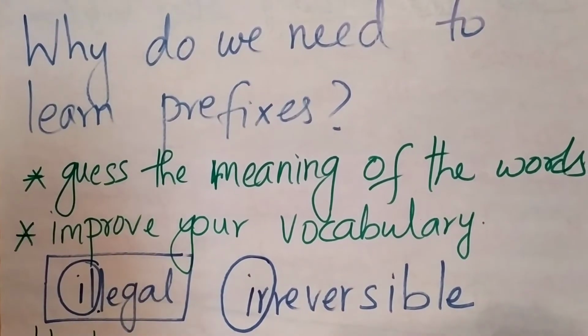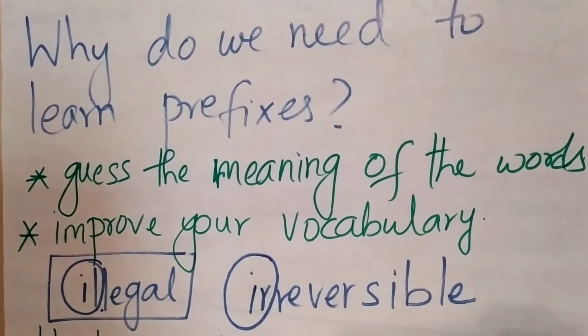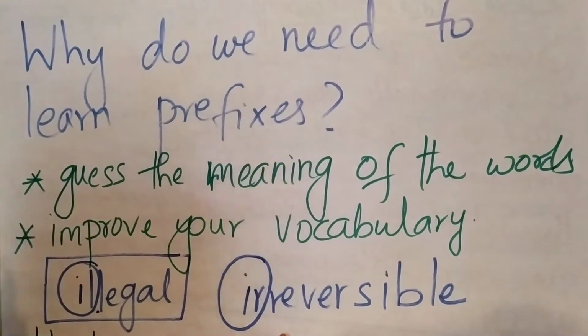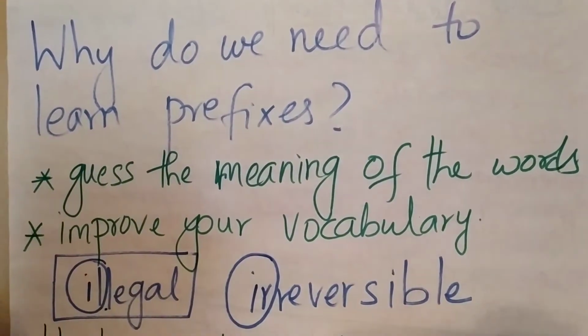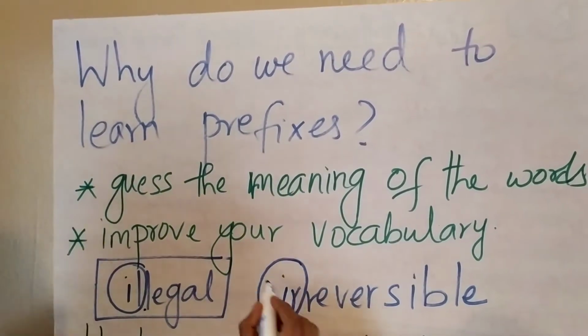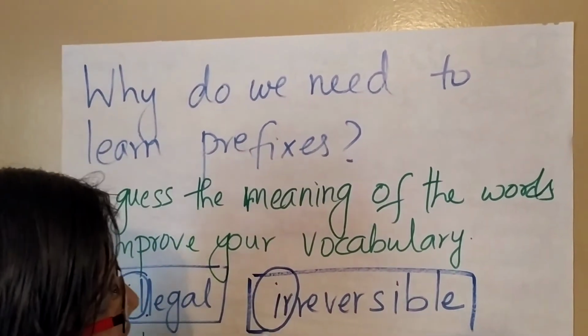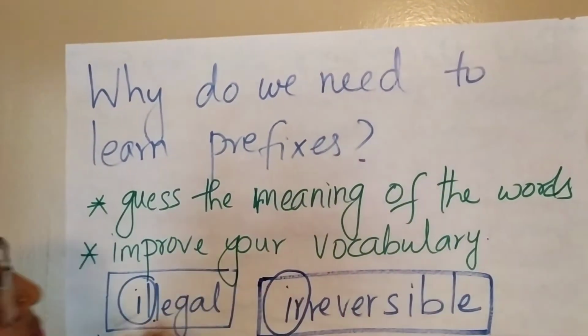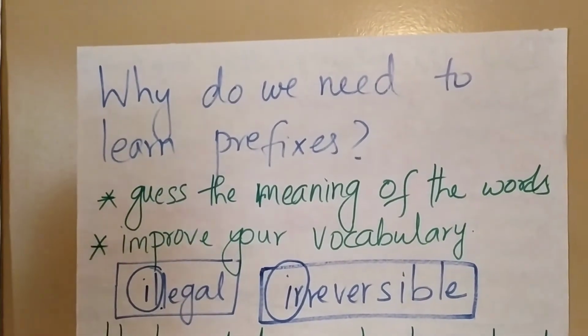The process cannot be reversed. So reversible means which can be reversed. Irreversible is the opposite of the word reversible. So this is how identifying the prefixes will help you guess the meaning of the words easily.